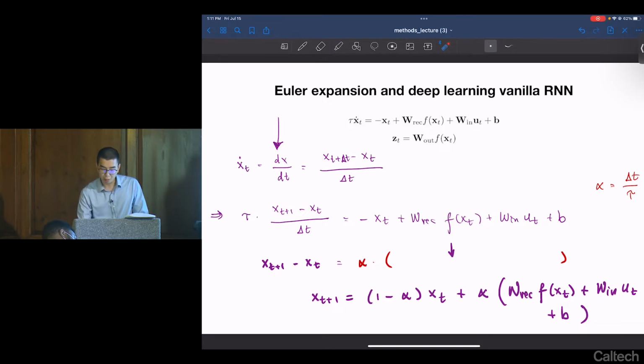So if tau was very large, let's say tau is equal to 100 milliseconds, then alpha would be very small. And if alpha is small, then x of t plus 1 is largely equal to x of t. And you have very little contribution from the actual recurrent connections to the network. So tau being longer means I remember my prior activity more strongly.